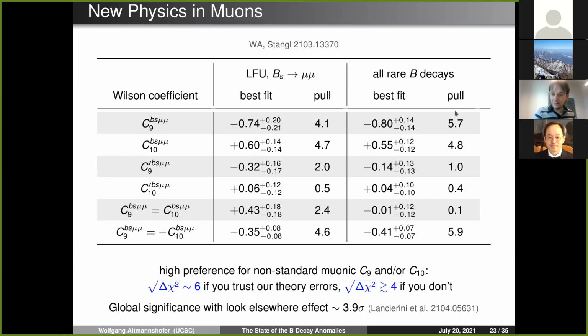So in those scenarios, if one includes all the data, one gets pulls which are close to 6 sigma. Again, this pull corresponds to the square root of the delta chi-squared between the standard model point and the best fit point in this new physics scenario.